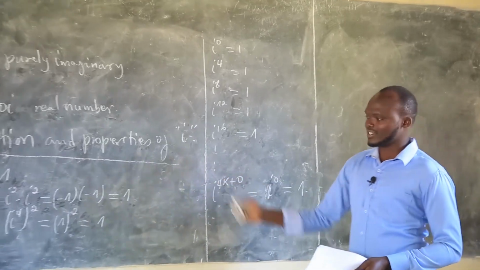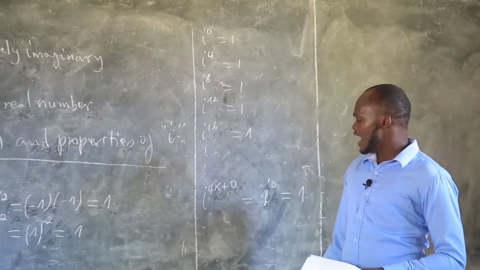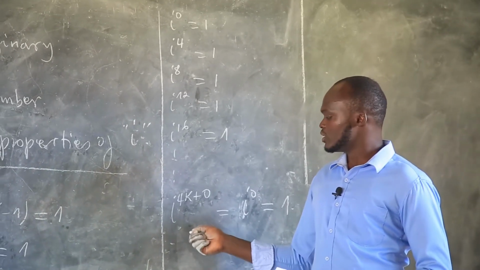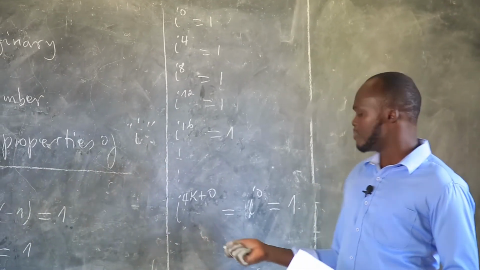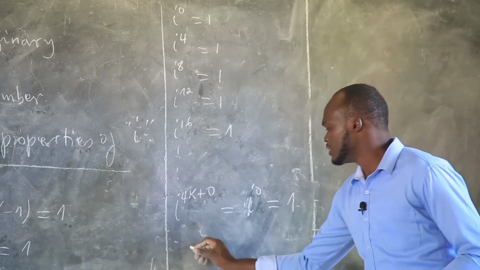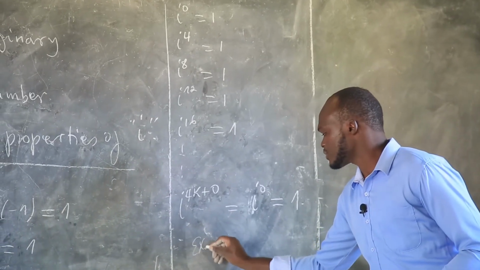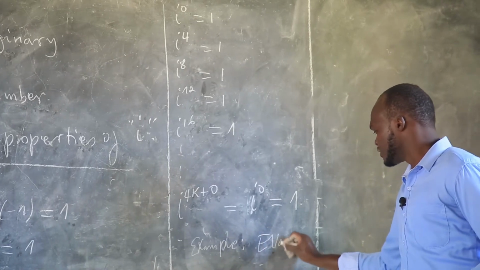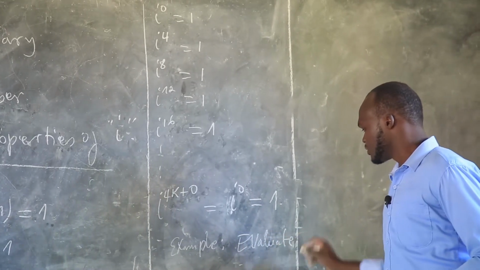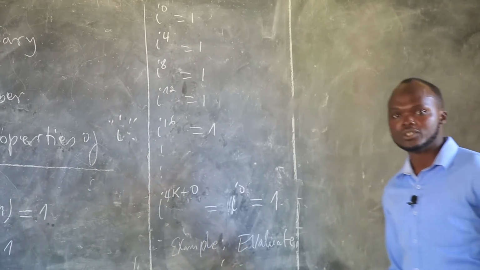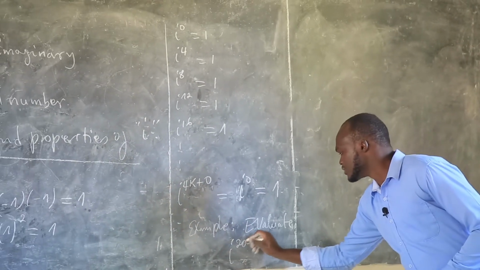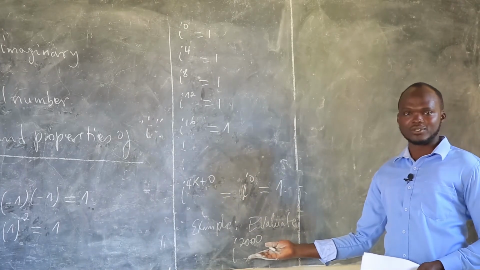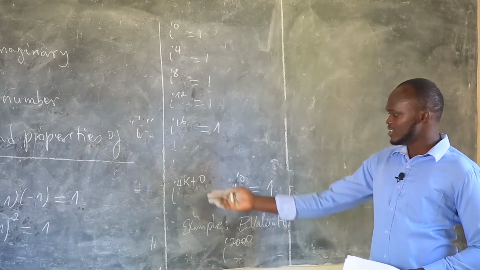So why am I doing this? I'm doing this to create the formula that can help me to evaluate, for example, i power 2000. How can I evaluate this one? I'm going to use this formula.